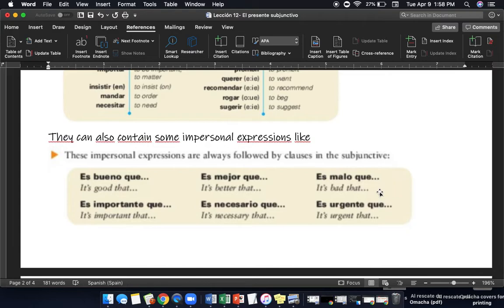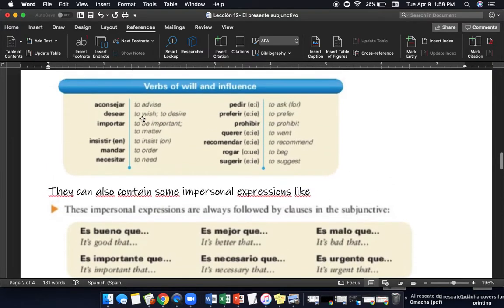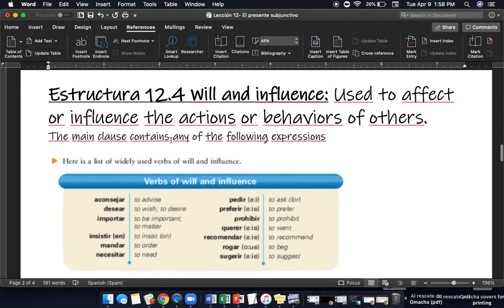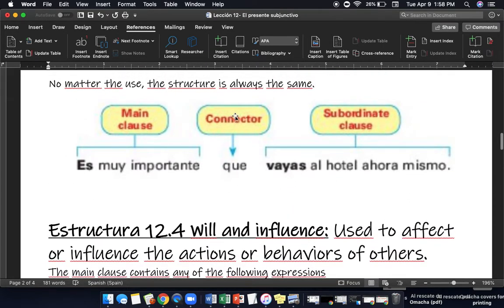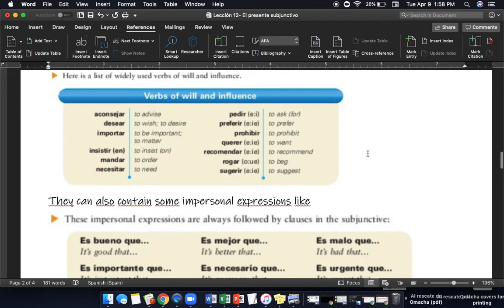It's just said, well, it's important to read Omacha. Totally different idea to saying, I hope that my students read Omacha. It's not the same. So you can have a verb of will and influence in your main clause or an impersonal expression. Then you have to have the connector, and then in the subordinate clause, you have your subjunctive idea.